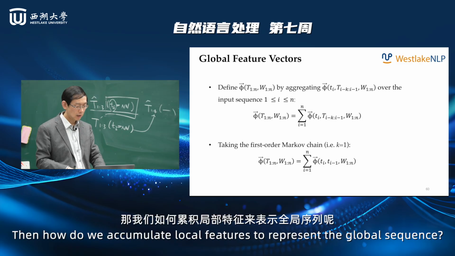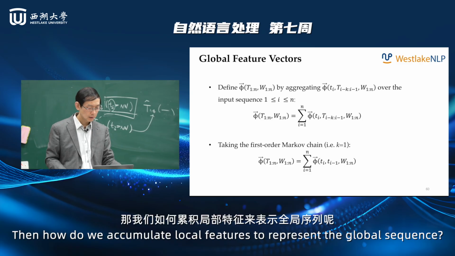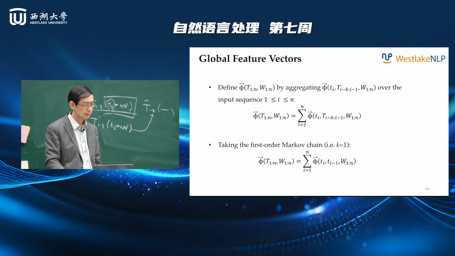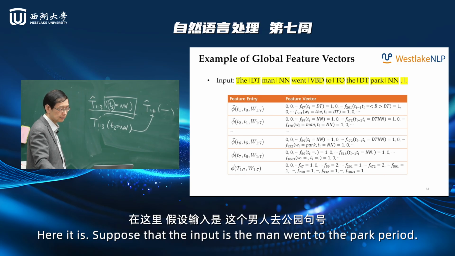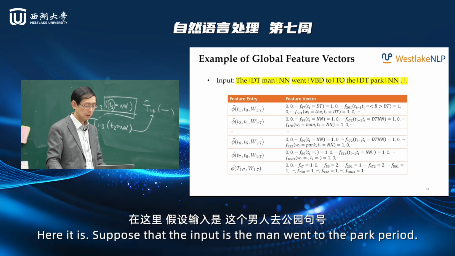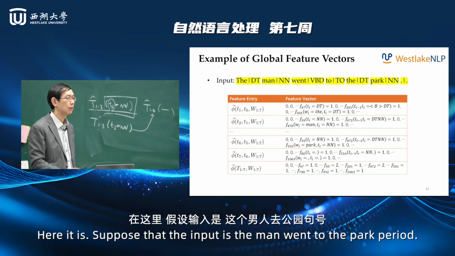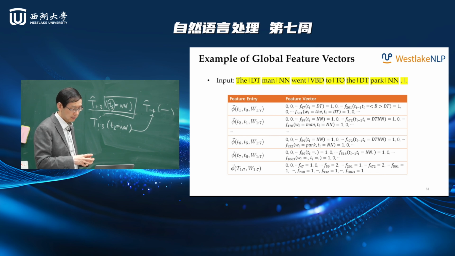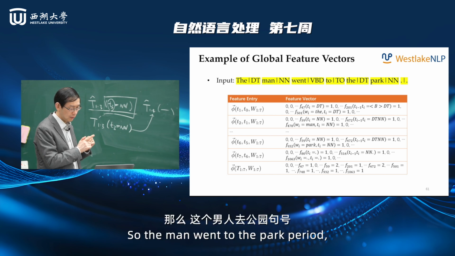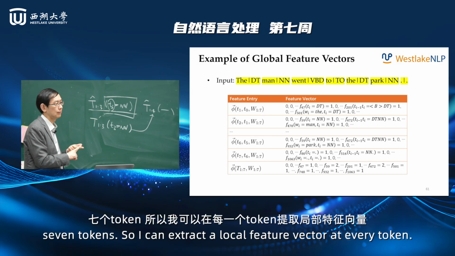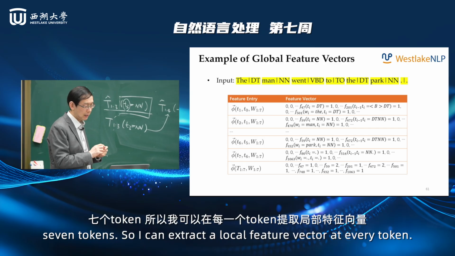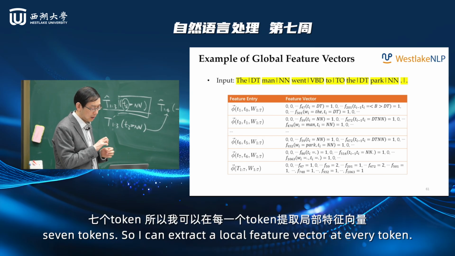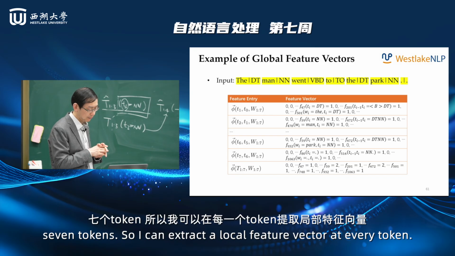Okay, then how do we accumulate local features to represent the global sequence? Here it is. Suppose that the input is "the man went to the park." Seven tokens. So I can extract a local feature vector at every token.